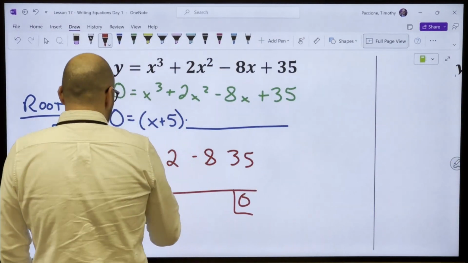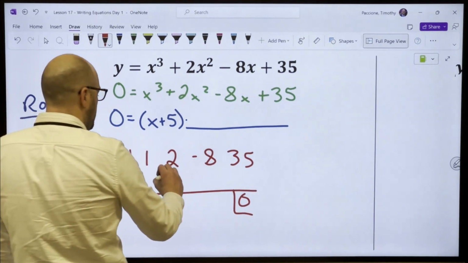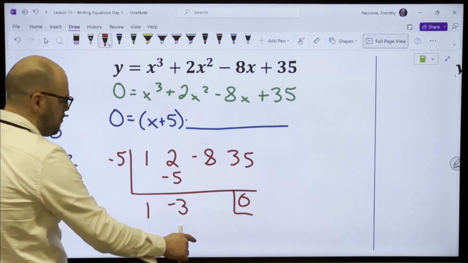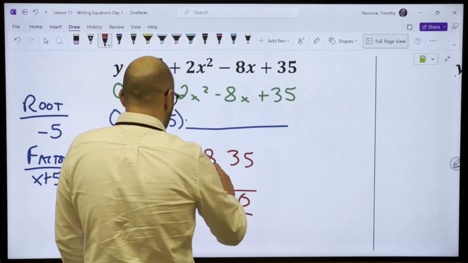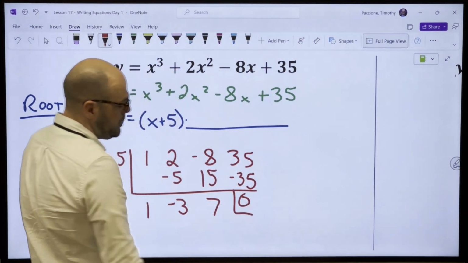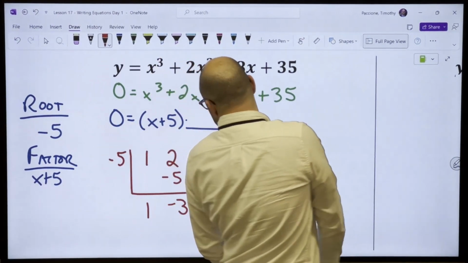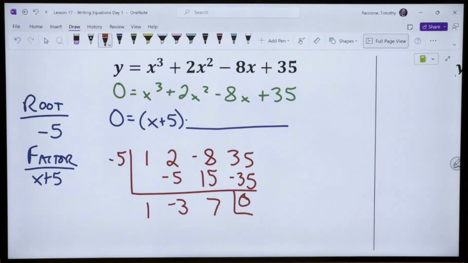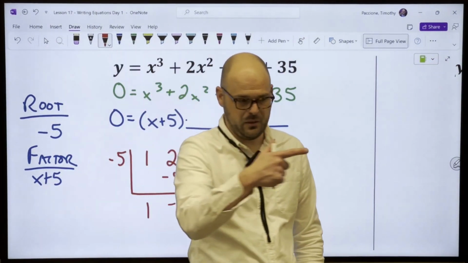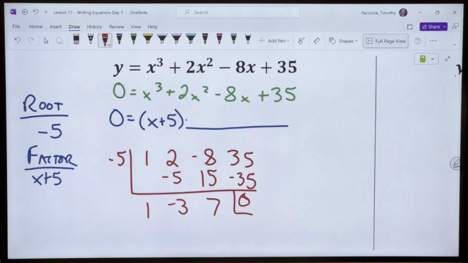Okay, so I bring down the 1, multiply, minus 5, add, minus 3, multiply, 15, add 7, multiply, minus 35, add 0. Good. Minus 8 and 15. Yep. Okay, so we got 0, but we kind of knew we were going to get 0. That's not the important part. What did we find?